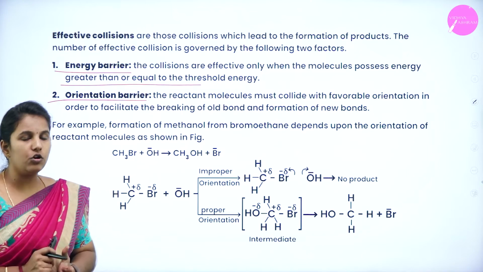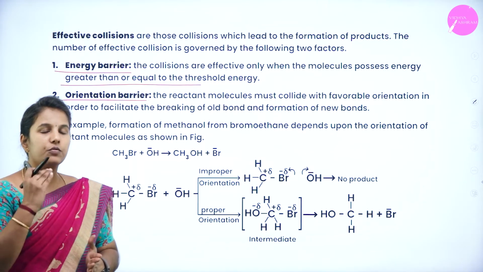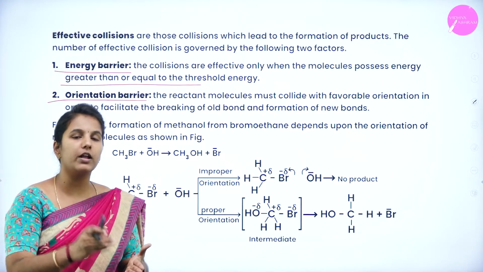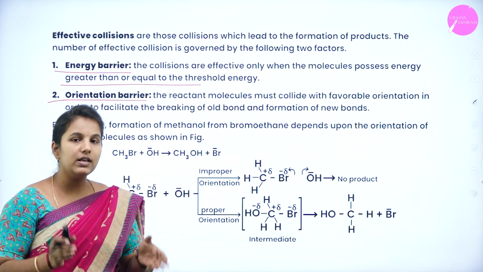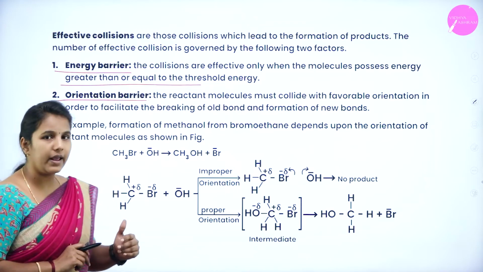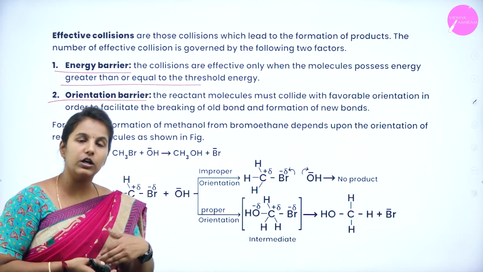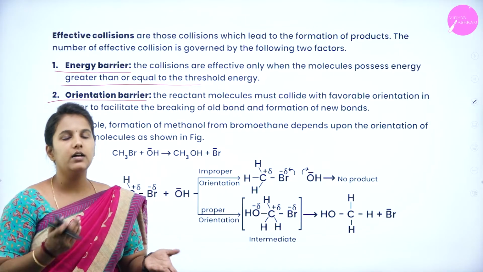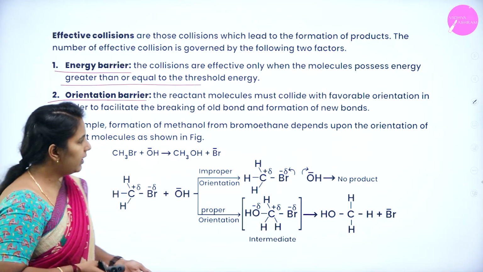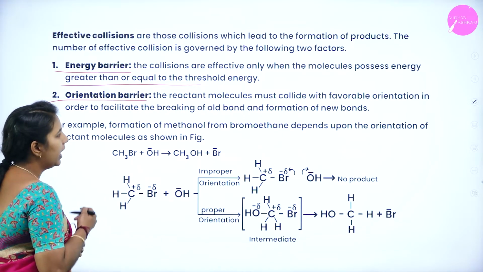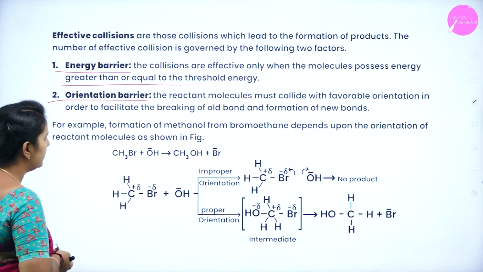So, during this collision, the molecules must have the orientation favoring breaking and formation of bonds. This orientation barrier tells us how molecules will go for the formation and breaking of bonds. Here, I have an example with methyl bromide.